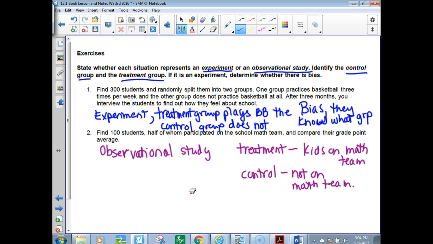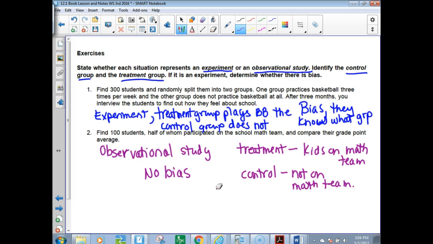Now, did we make them do anything? We didn't make them do anything, so there's no bias. All they did was see who's doing what. I picked some random people, and some of them were on the math team, some of them were not.